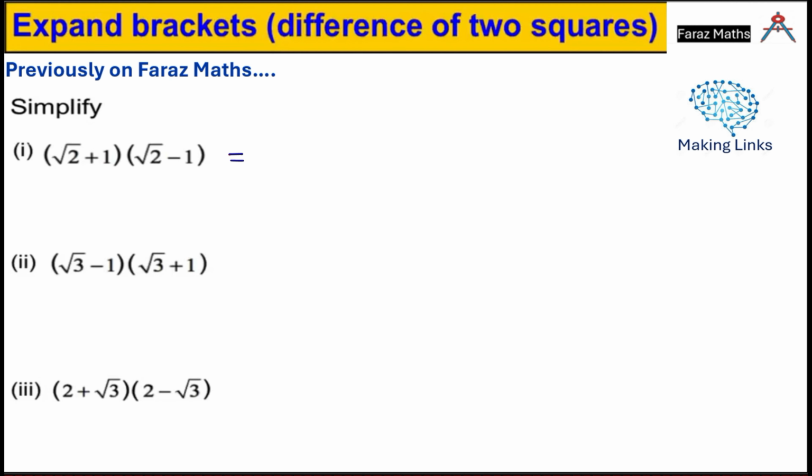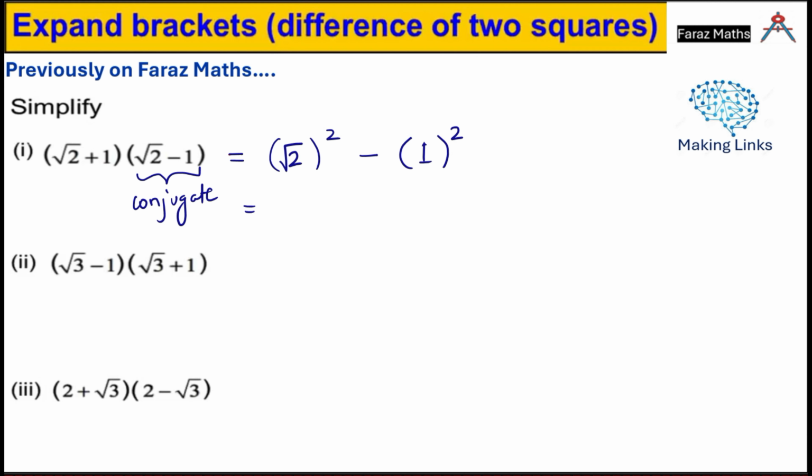So square root of 2 and square root of 2, it will be square root of 2 squared. And because this one is a conjugate of the first one, the terms are the same, there is only a negative sign in the second bracket, that's why it's a conjugate of the first bracket. So we can square the first term and square the second term.